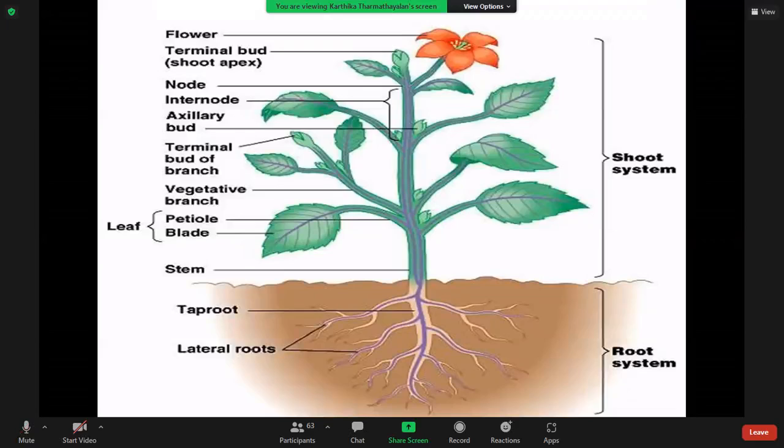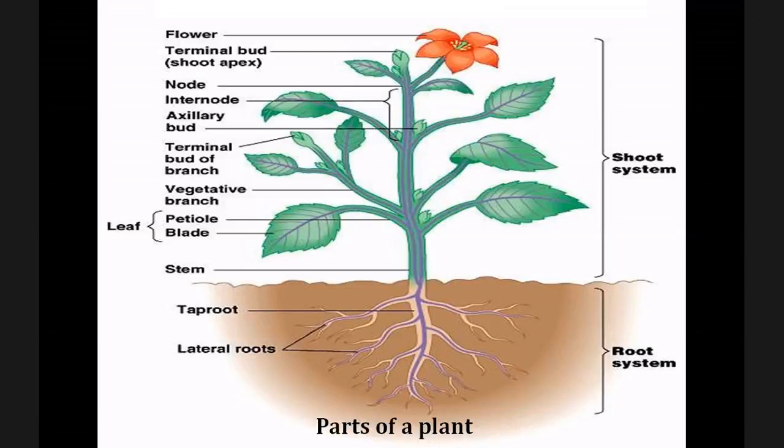These small branches emerge from the stem, and that region is called a node. Internode means the region between two successive nodes.